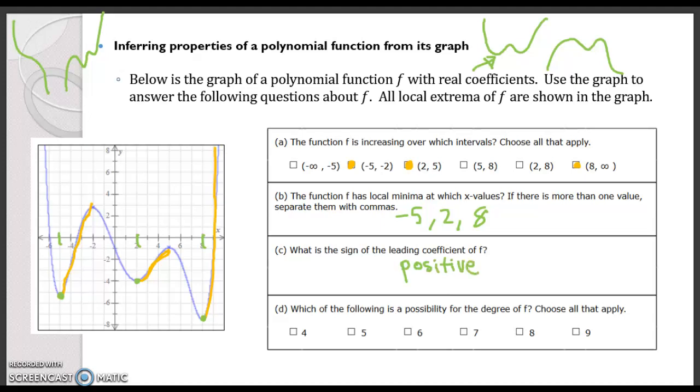Which of the following is a possibility for the degree of f? Choose all that apply. Well, in order to do this one, we have to count how many turns it has.